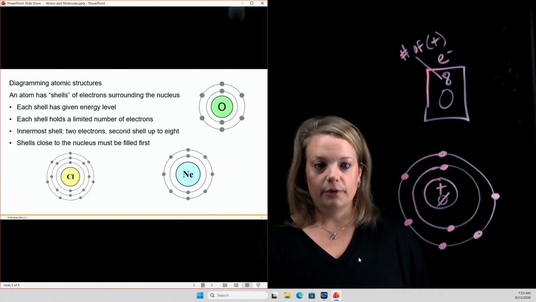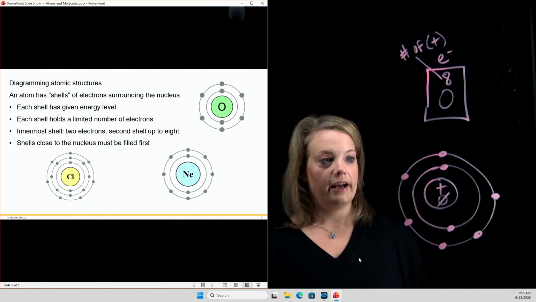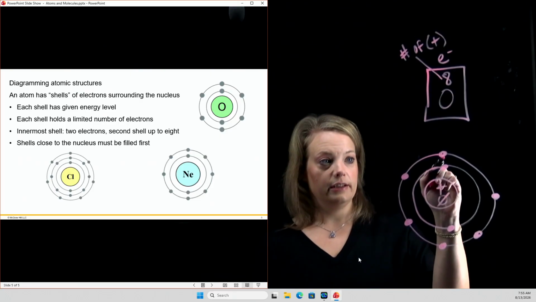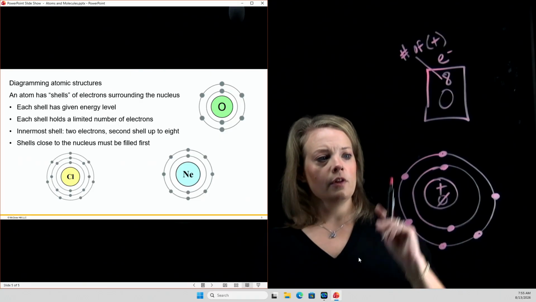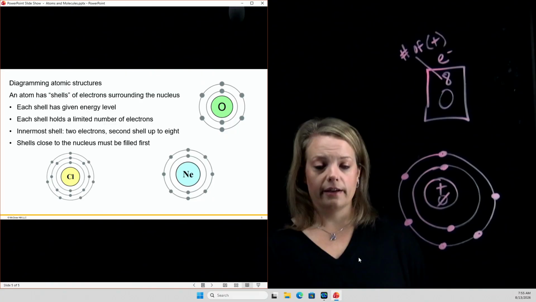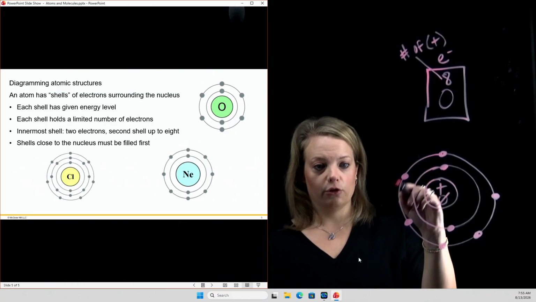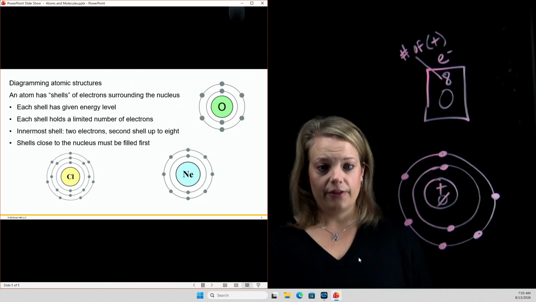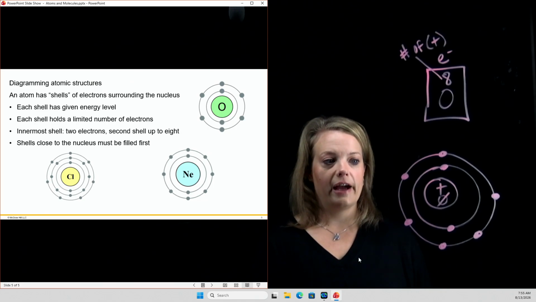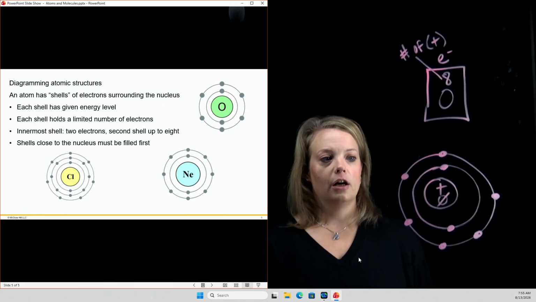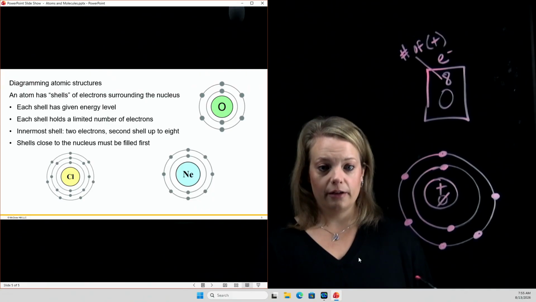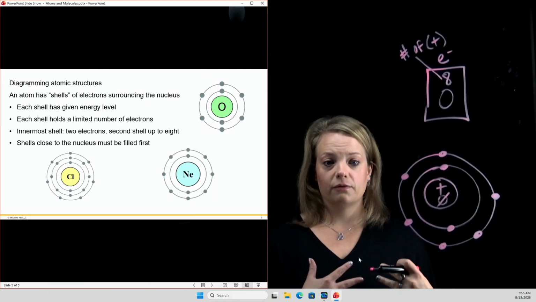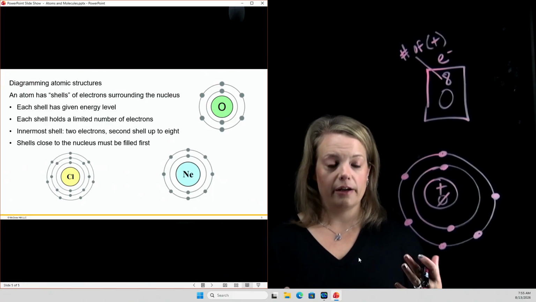An atom is stable when it has 8 electrons in its outer shell. Since oxygen only has 6 electrons in its outer shell, that means it's not stable. And that's not a bad thing. If we didn't have unstable atoms, then we wouldn't form chemical bonds and there wouldn't be life.